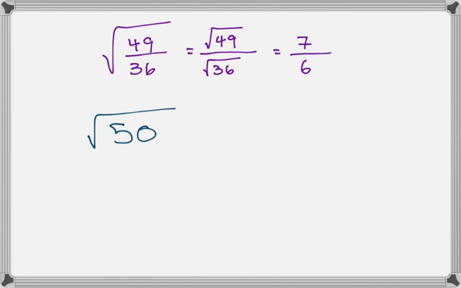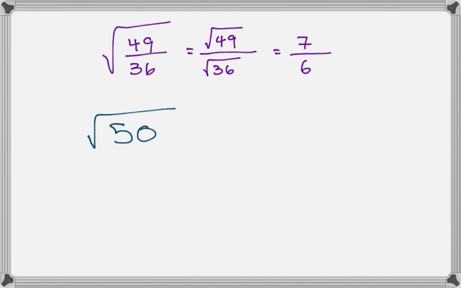Square root of 50. Is 50 a perfect square? No. Now what? Don't go on the calculator and punch in the square root of 50 and you get 7.1 and whatever change. No, this is not about decimals.